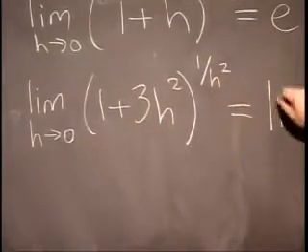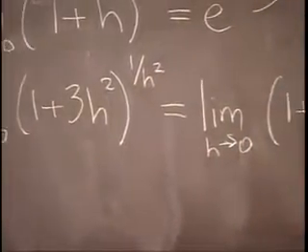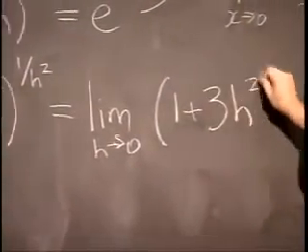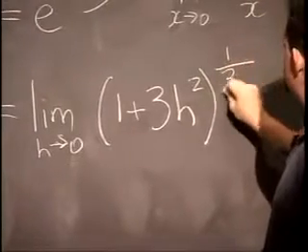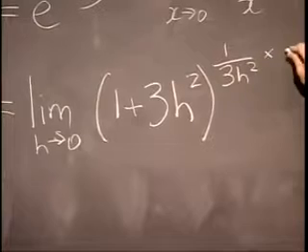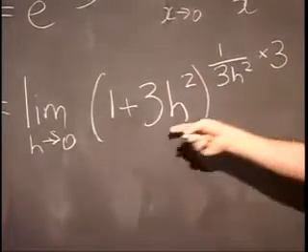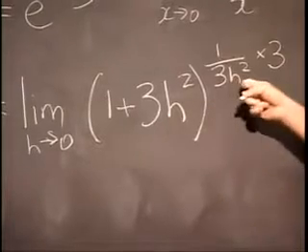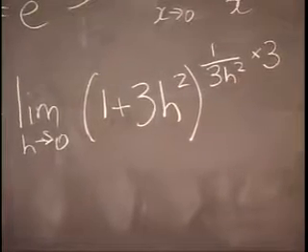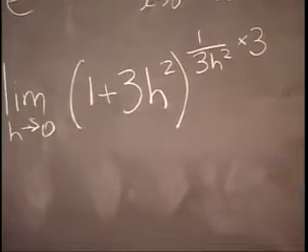What I really wish this said is (1 plus 3h squared) to the power 1 over 3h squared. Unfortunately, it does not. It is 3 times as much. See, I made this match this, but then I had to compensate by a 3. So I did multiply and divide by 3, actually, in the exponent.